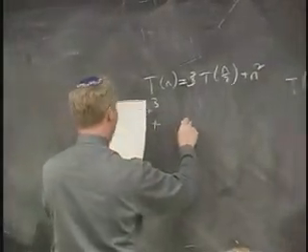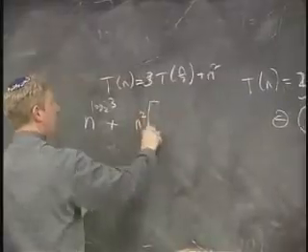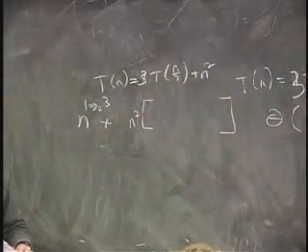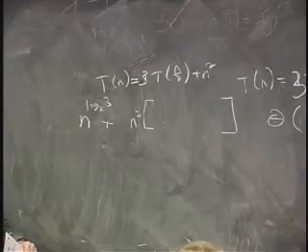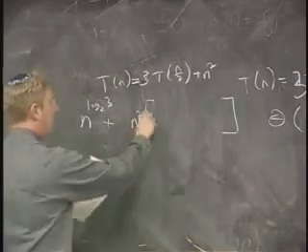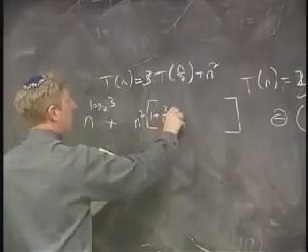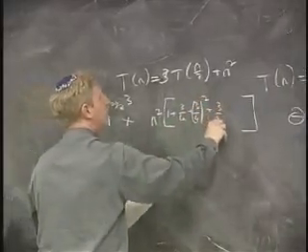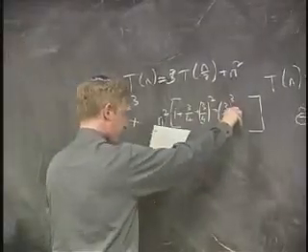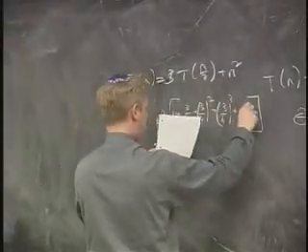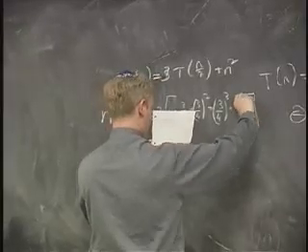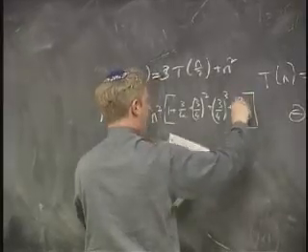Instead of n on the outside, I get n squared. And on the inside, instead of 1 plus 3 halves, plus 3 halves squared, plus 3 halves cubed, all the way up to 3 halves to the r minus 1, what I get is 1 plus 3 fourths, plus 3 fourths squared, plus 3 fourths cubed, plus 3 fourths to the r minus 1.